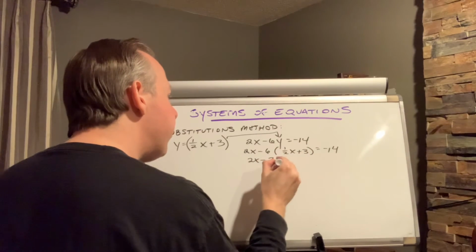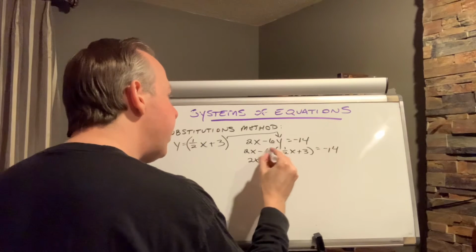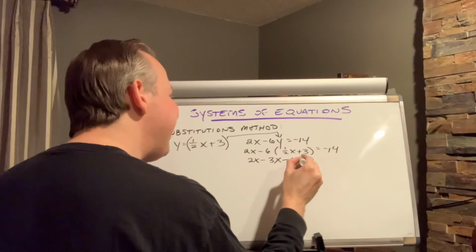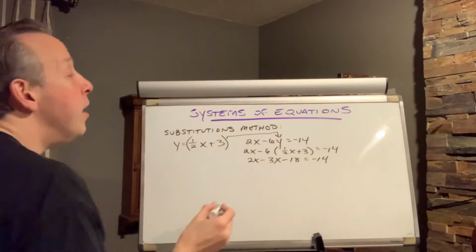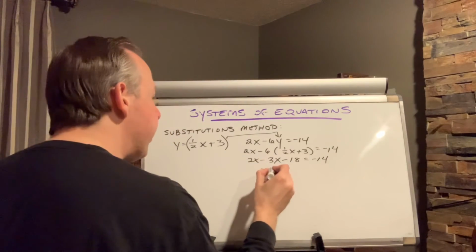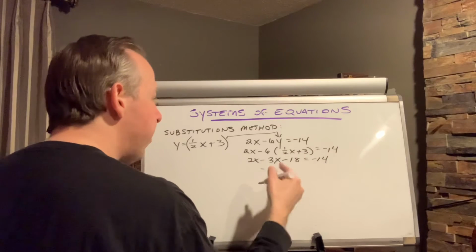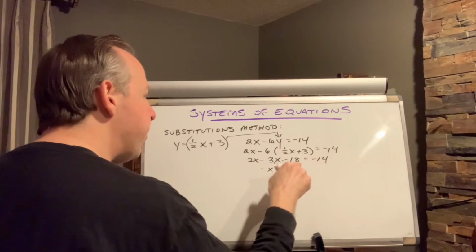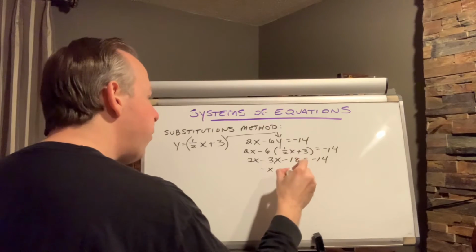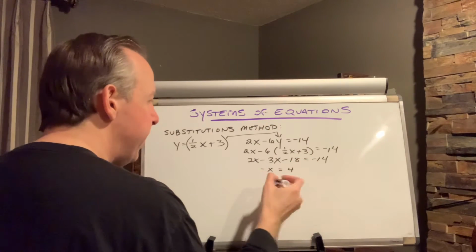So 3x minus 6 times 3 is minus 18 equals -14. 2x minus 3x is just -1x or -x. I'm going to add 18 to both sides also. Adding 18 to both sides gets me a 4 right there. Divide by -1.